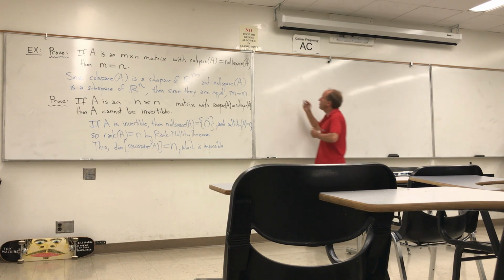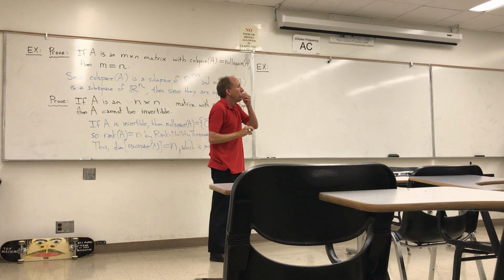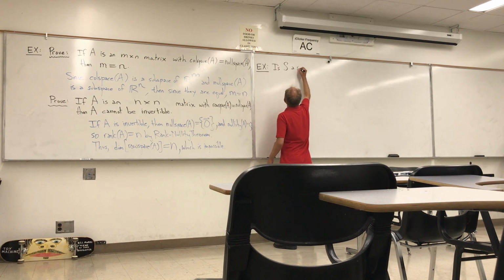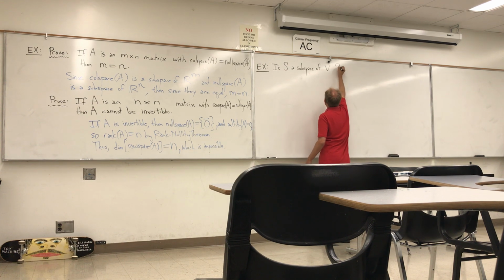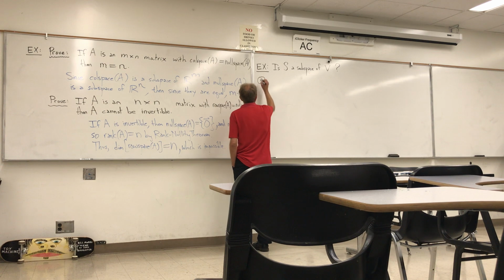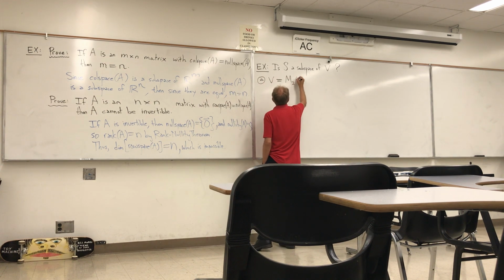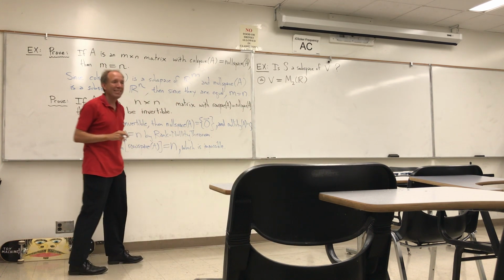Okay, so let's do some examples here. Is S a subspace of V? So let me try and write down some examples for us. Let's take the first one here, part A. Let's use the 2x2 matrices as our vector space.